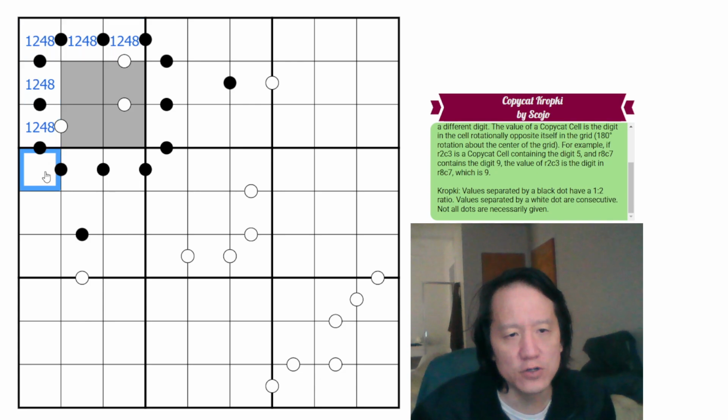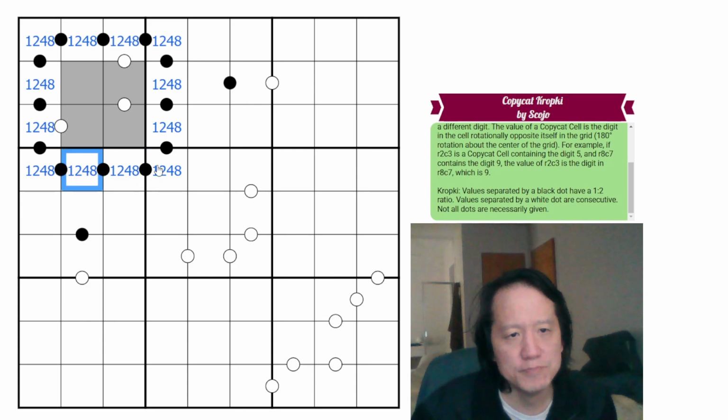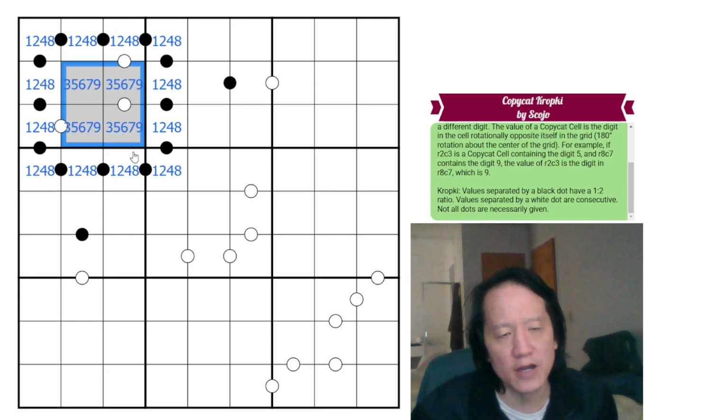So then this is also a value of 1, 2, 4, or 8, right? But all of them could be here, we don't know. Therefore, this has to be 3, 5, 6, 7, or 9.